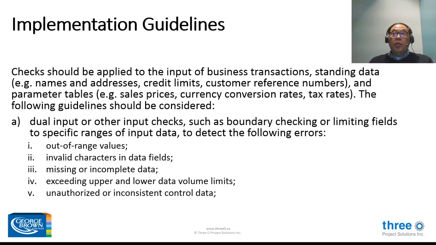Credit card number is a good example. A credit card number is usually about 14 digits, so check whether there's a missing digit and so on. Exceeding upper and lower data volume limits: if you do have upper and lower limits on the amount they enter, like a loan amount, for example, or any other unauthorized or inconsistent control data.